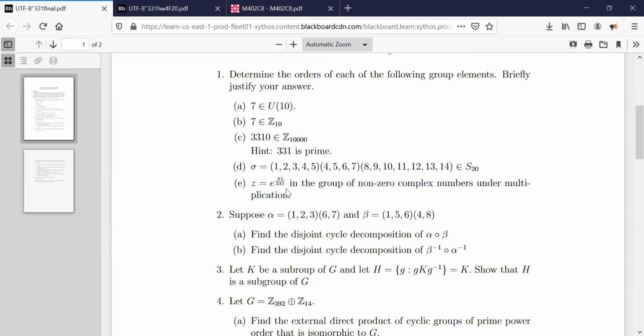Actually, all of them are going to be of finite order. You're basically going to want to look at the reduced form of the rational number you're working with, and that should tell you the order of the element that you're working with.